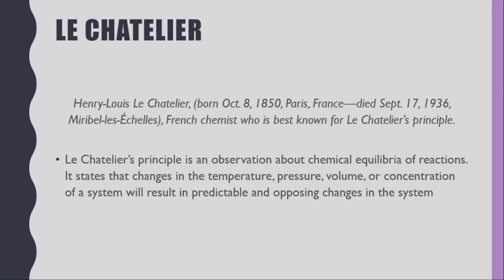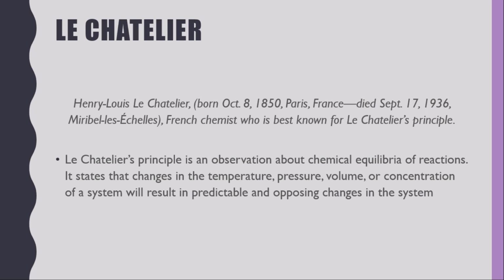Henry Louis Le Chatelier was born on October 8 of 1850 in Paris, France. He died on September 17 of 1936. He was a French chemist who is best known for Le Chatelier's principle. Le Chatelier's principle is an observation about chemical equilibria of reactions.